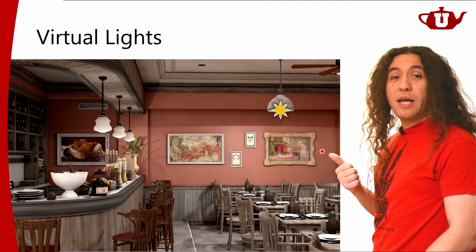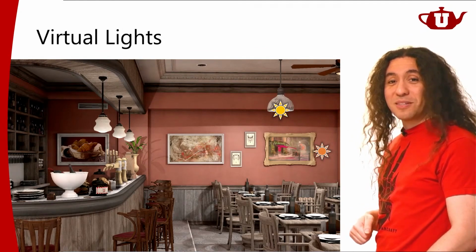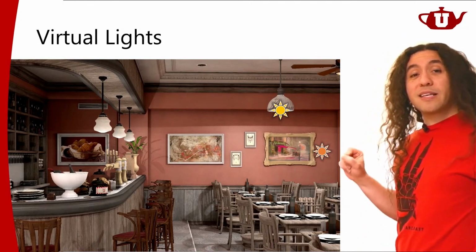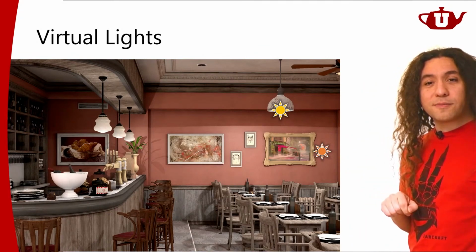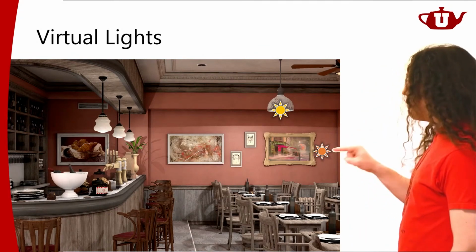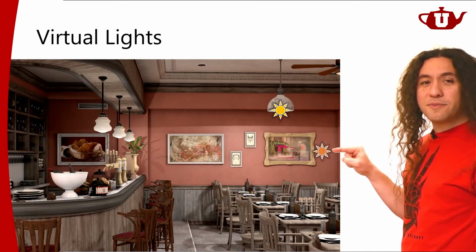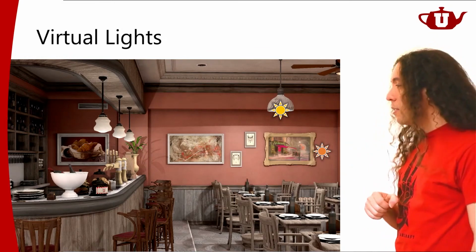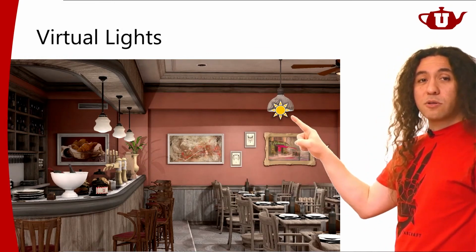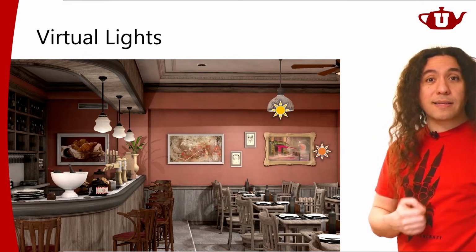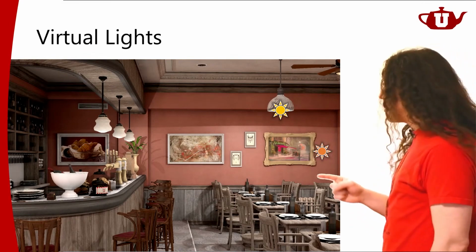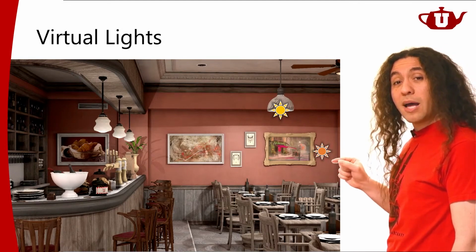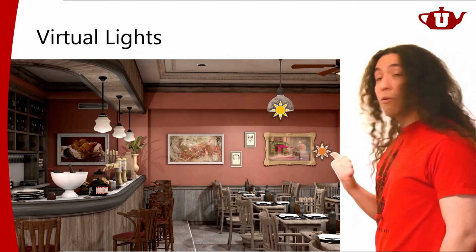So I'm going to put a virtual light at this point, and this virtual light would account for the reflected light off of this point. Now, the nice thing is that when I'm shading any point in the scene, I can look at this actual light source and compute my direct illumination. And then I can look at this virtual light source to compute my indirect illumination that includes this point.